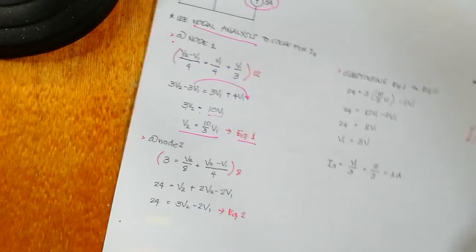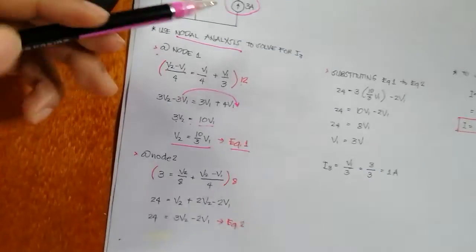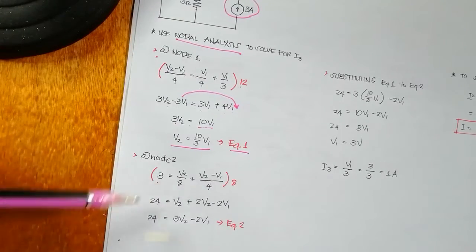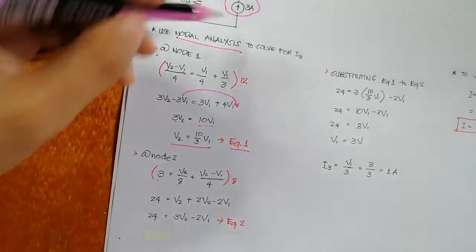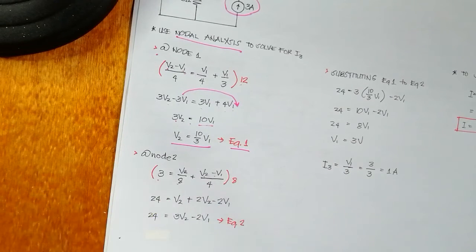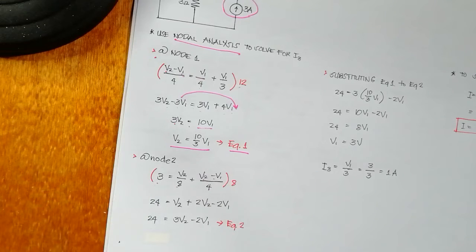Next is at node 2. So at node 2, we have 3 amperes is equal to V2 over 8 plus V2 minus V1 over 4. Then to simplify, we can multiply both sides by 8. So 8 times 3 is equal to 24. 8 divided by 8 is equal to 1 multiplied by V2.